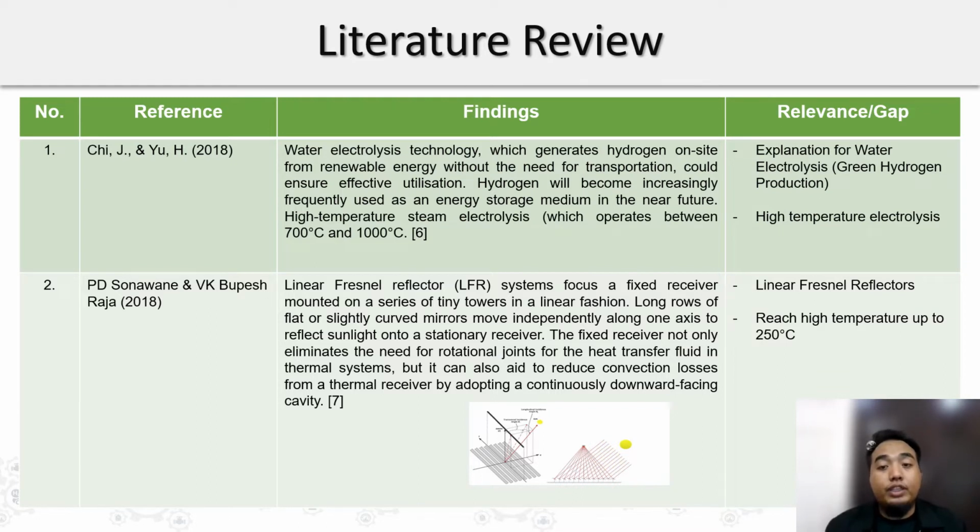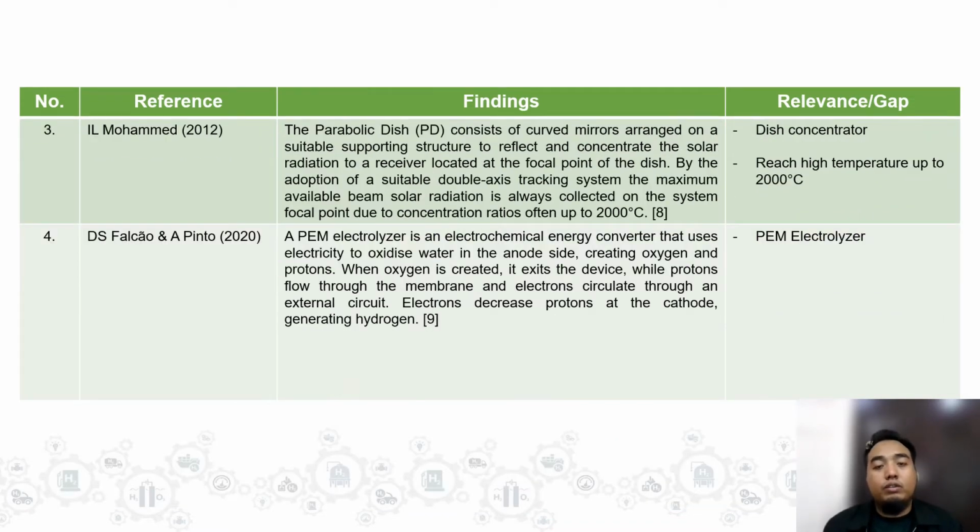Linear Fresnel reflectors can reach high temperatures up to 250 degrees Celsius. Next, the dish concentrator can reach high temperatures up to 2000 degrees Celsius. And lastly, the PEM electrolyzer can convert water into oxygen and hydrogen.